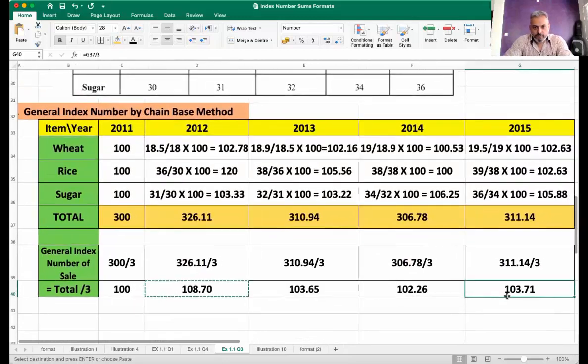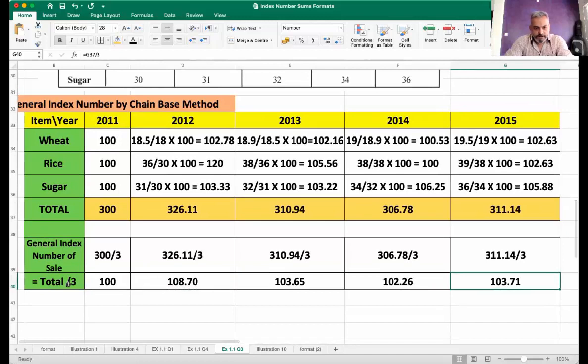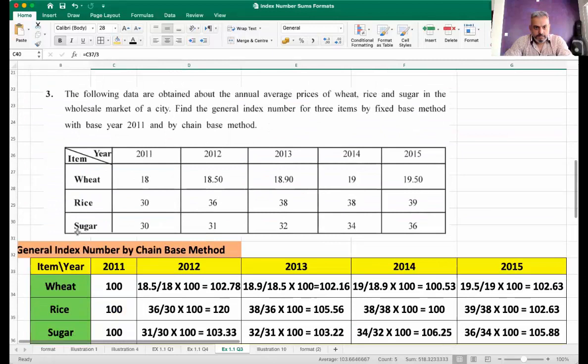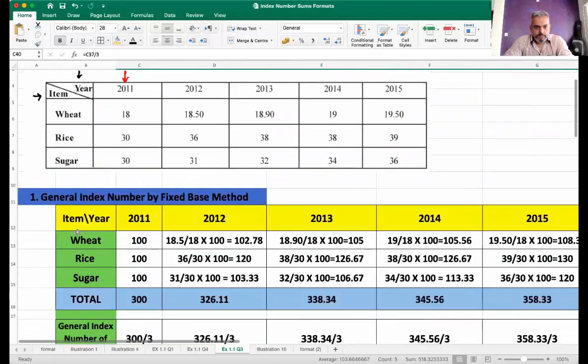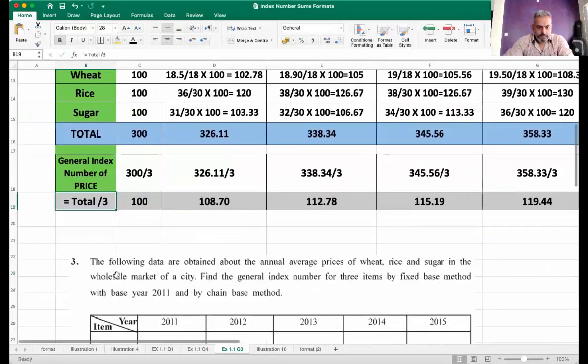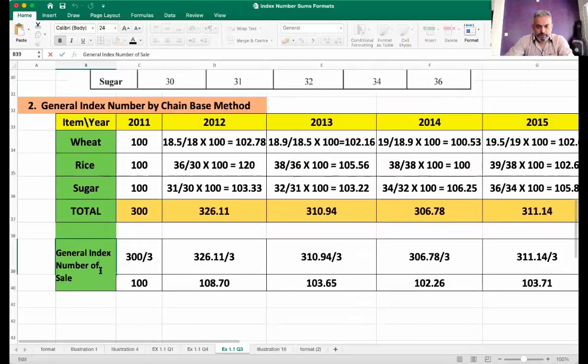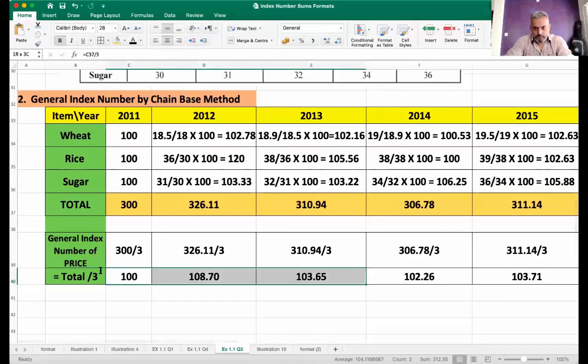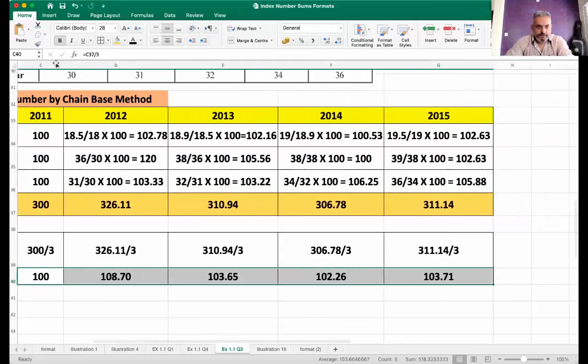So as per the chain-based method, we will get these as our general index number of price. Okay, you just correct it. This is price. General index number of price, not sale. So these are the final answers.